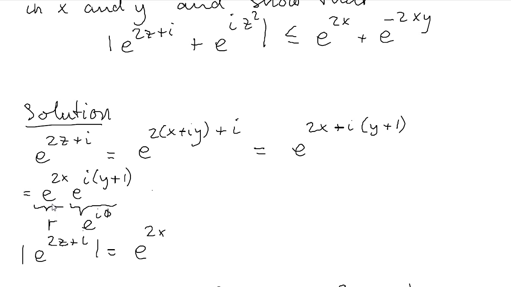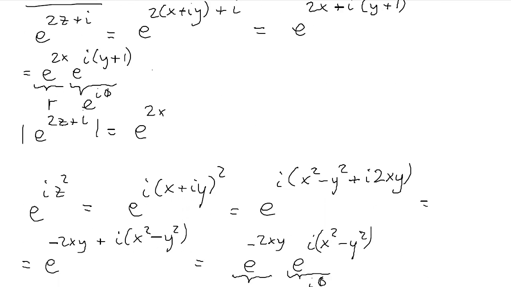And now we are on the polar form, where r is the absolute value, and here we have some exponential function of i and some angle. This means that this must be the absolute value of the complex number here. So what we can conclude is that the absolute value we are trying to describe is equal to the exponential function of 2x.